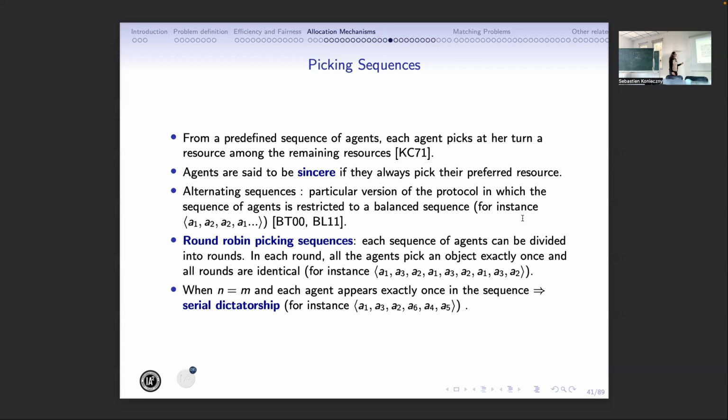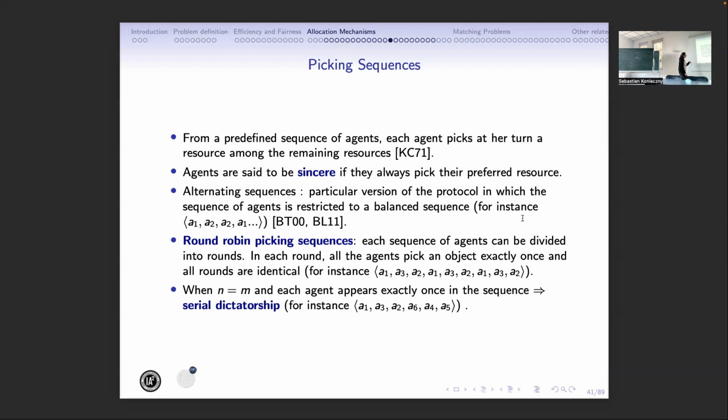In round-robin picking sequences, you can divide the sequence into rounds, and in each round, all the agents pick exactly once, and all rounds are identical. So in this case, you have 1, 2, 1, 3, 2, 1, 3, 2, 1, 3, 2.